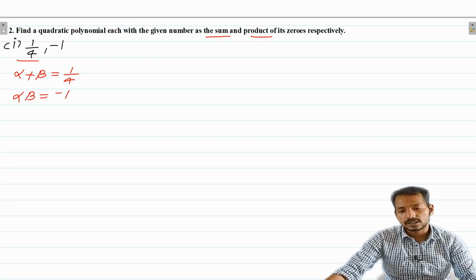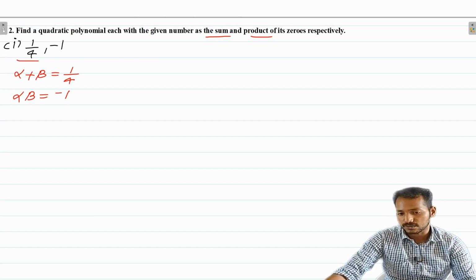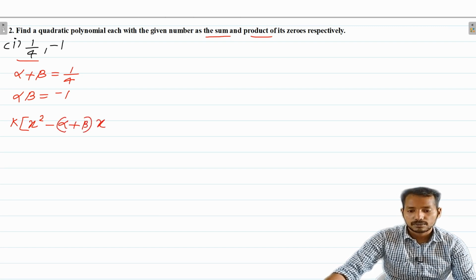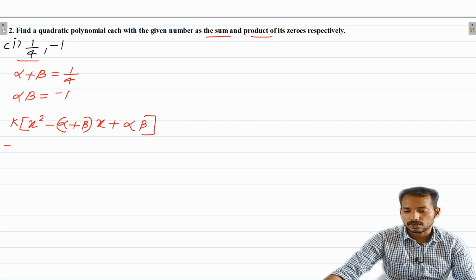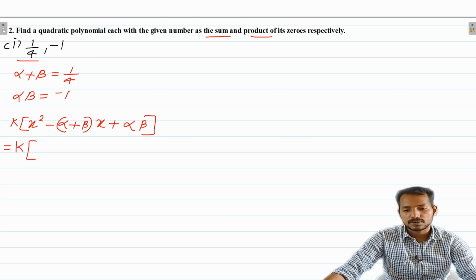We already know the general formula of a quadratic polynomial in terms of zeros. That is k into x square minus alpha plus beta into x plus alpha into beta. Just keep k as k itself and substitute the other values.